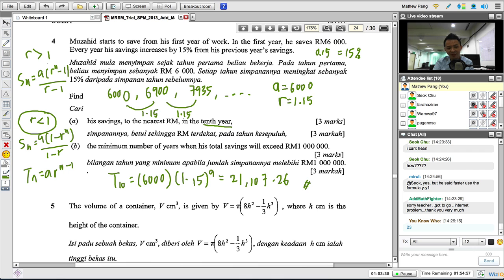Yes, this is the saving in the 10th year. So this is part A, and now we go to part B.